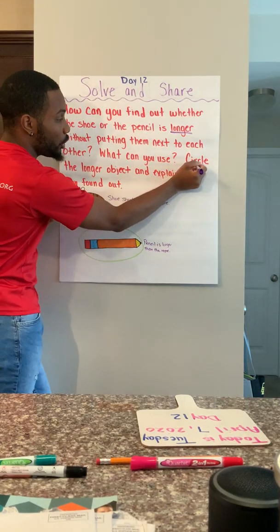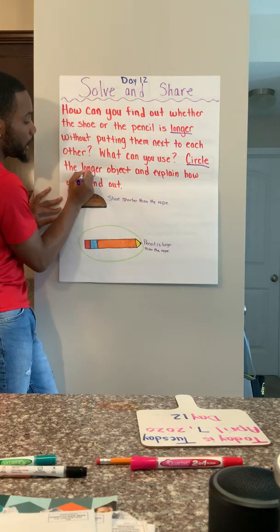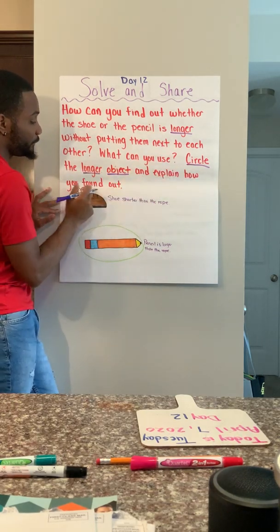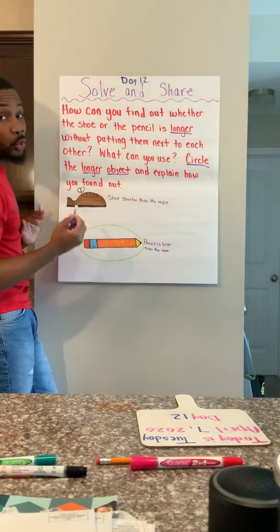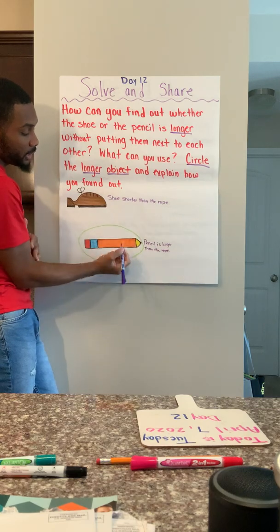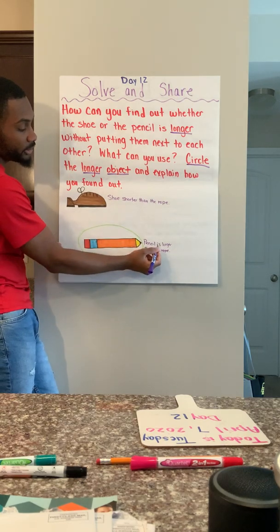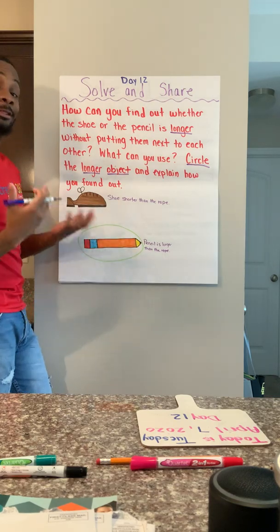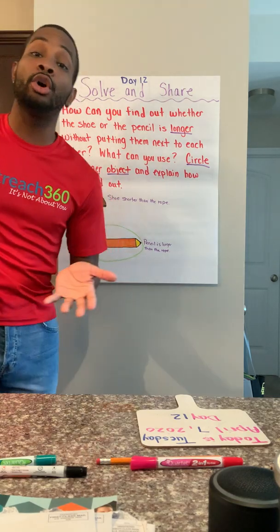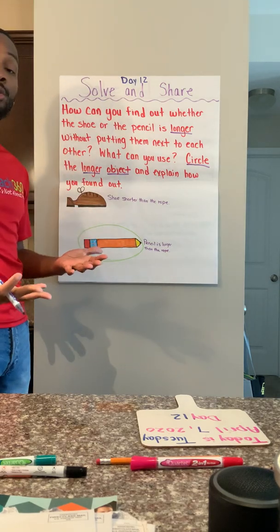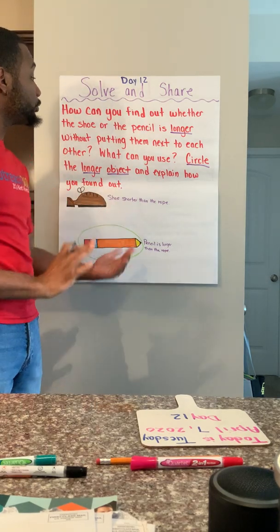We're going to circle the longer object and explain how you found out. We explained our answer because we put that the shoe was shorter than the rope, and for the pencil we put that the pencil is longer than the rope. That was explaining our answer. We knew that the pencil was longer because the pencil actually passed the rope, compared to the shoe, which was shorter than the rope.